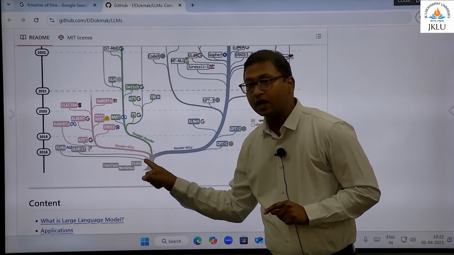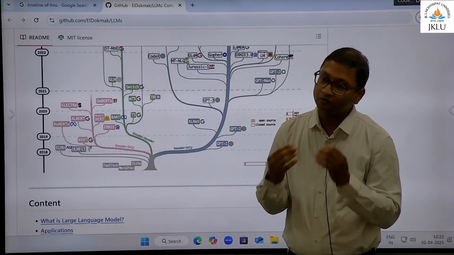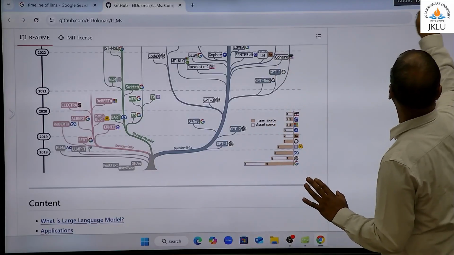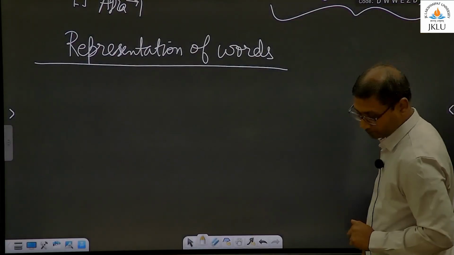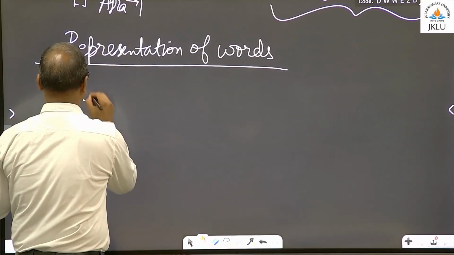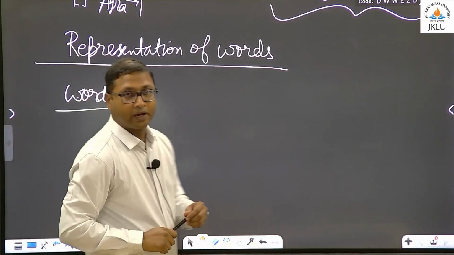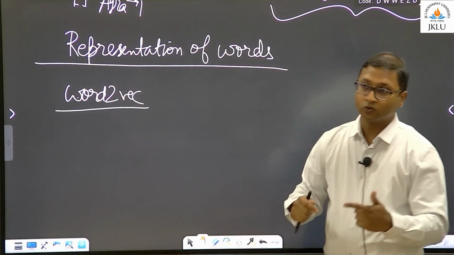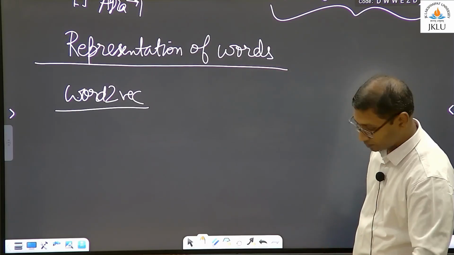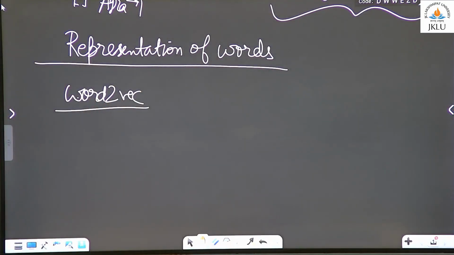These three are the algorithms that try to find representations of words. So everything starts there. Now we'll start with Word2Vec. I don't think we have enough time to go through Glove, but I'll just scratch the surface. So what is Word2Vec?